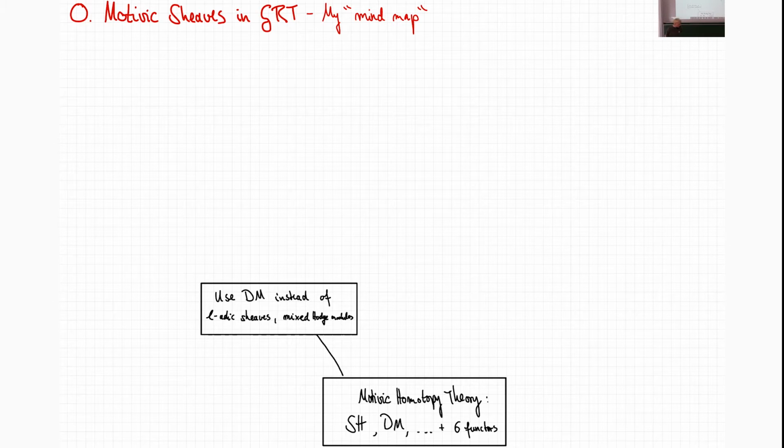So one big idea is the following. In geometric representation theory, one would often work with constructible sheaves on manifolds, or algebraic incarnations of those categories, like for example L-adic sheaves or D-modules, or even better, kind of mixed upgrades of those algebraic categories.